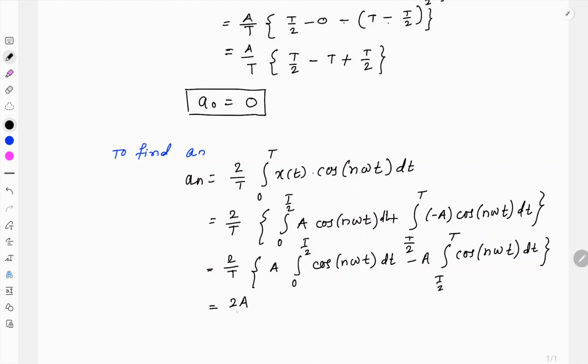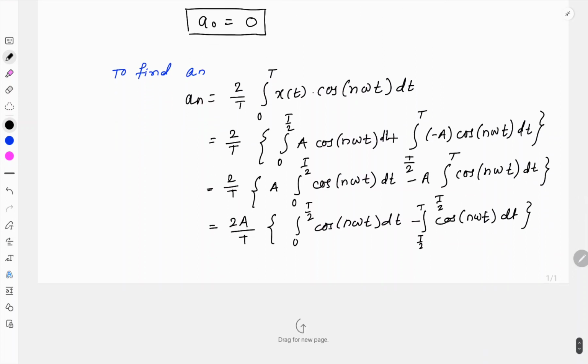So we have 2A upon T. In the first bracket, it is simply integration from 0 to T by 2 cos of n omega t dt minus integration from T by 2 to T cos of n omega t dt.